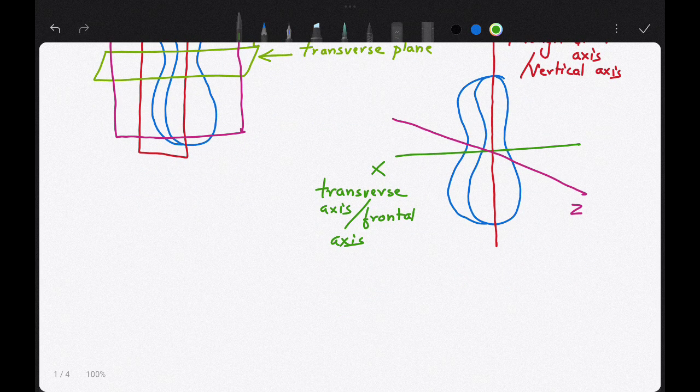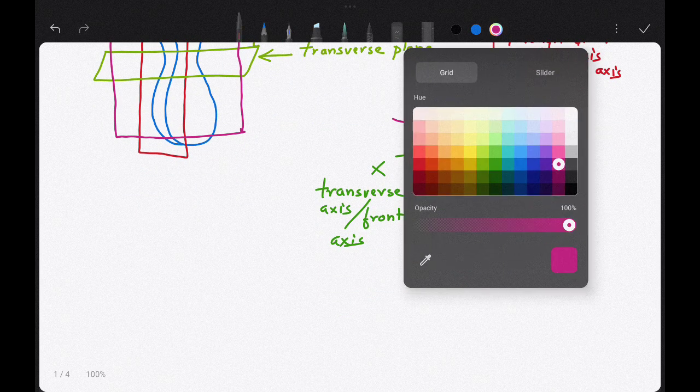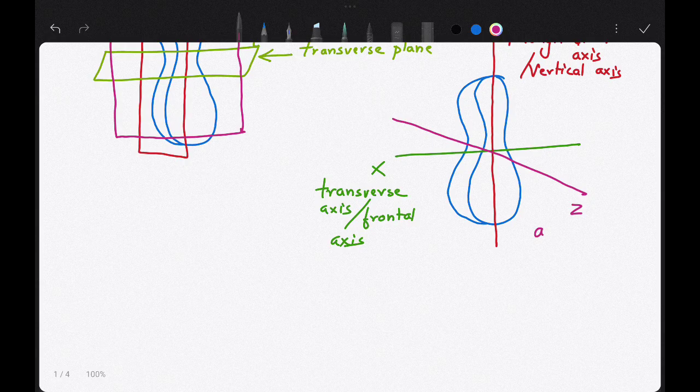And the Z axis is called the anterior posterior axis. Anterior posterior axis means this axis goes from the front to the back. Anterior posterior means front and back. So it is called the anterior posterior axis or sagittal axis.